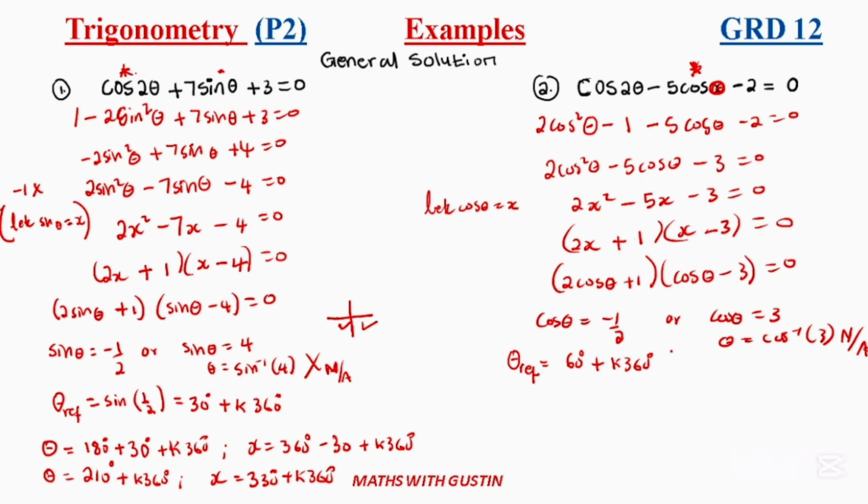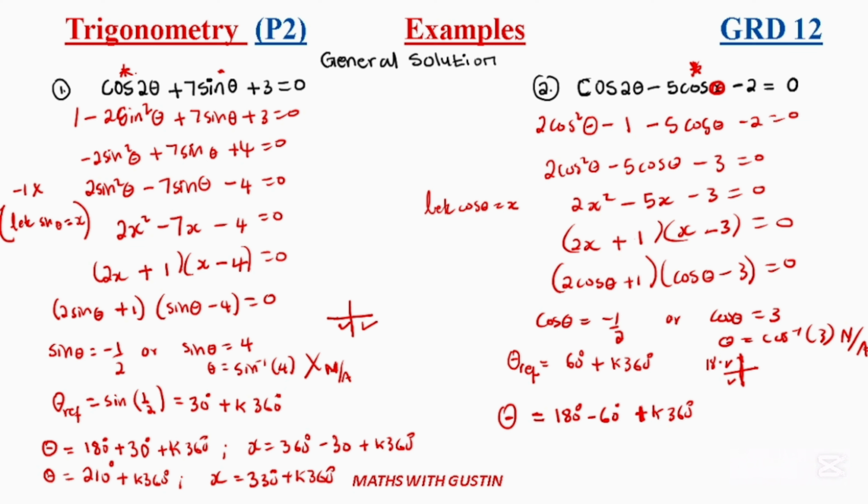Now we go to our CAST diagram before we start. Where is cos negative? Cos is negative on the second quadrant and the third quadrant. So this is the one on the second quadrant. We normally say 180 minus the reference angle, plus k 360. Guys, please, I hope you understand where this part is coming from.